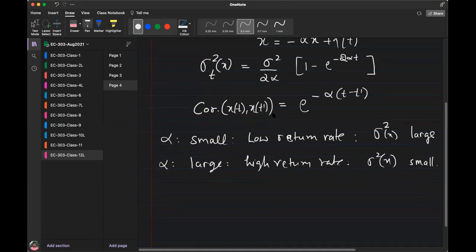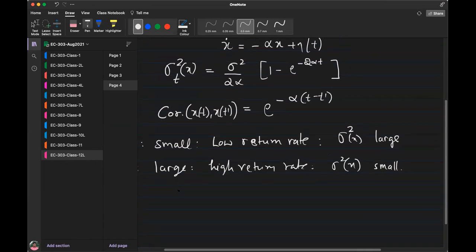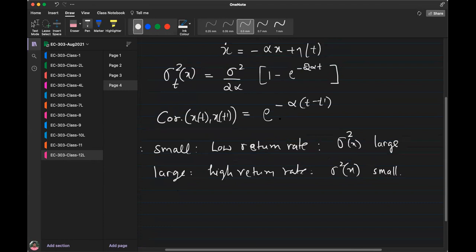And likewise, you can say something about the correlations, by the way. When alpha is small, what happens to the correlations? If you were to plot the correlation as a function of alpha, how will that look? If alpha is increasing, will the value increase or decrease?